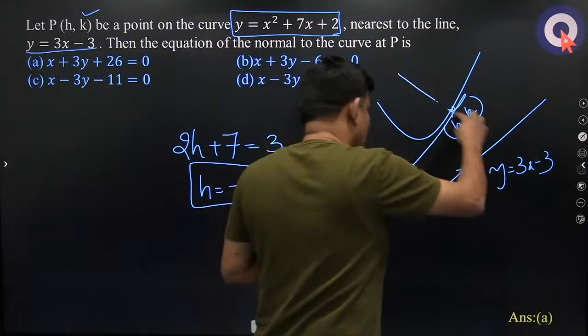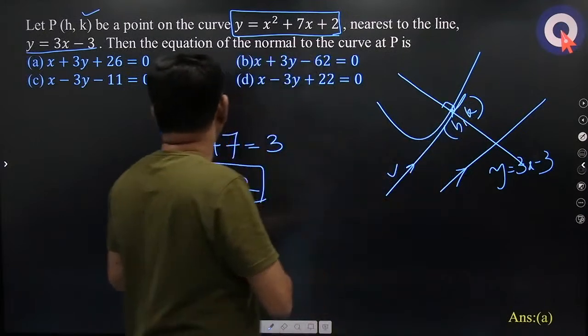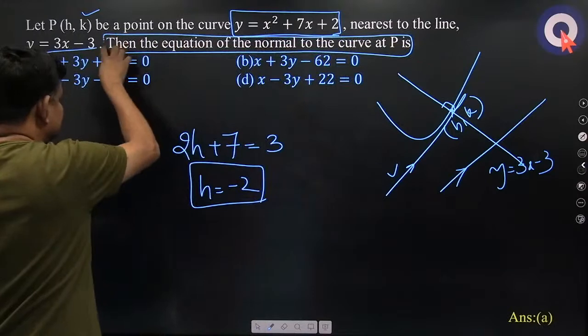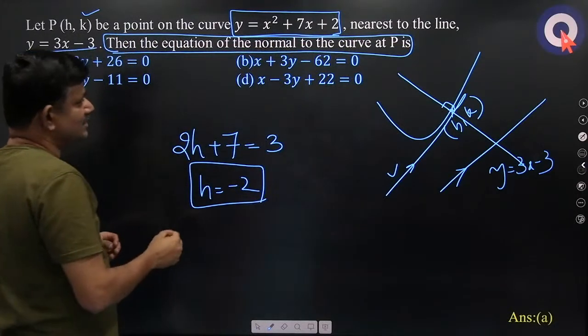He is asking you to find the normal equation. Now the tangent slope is 3.